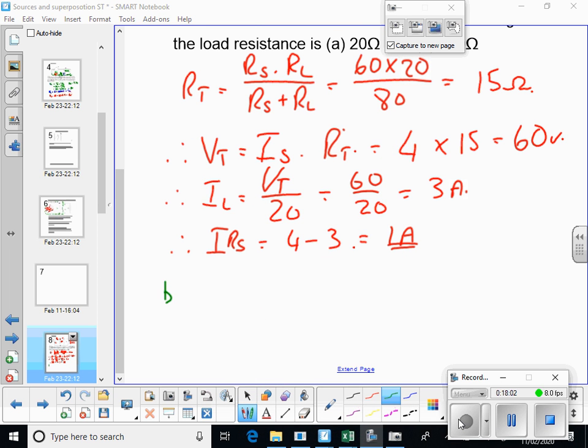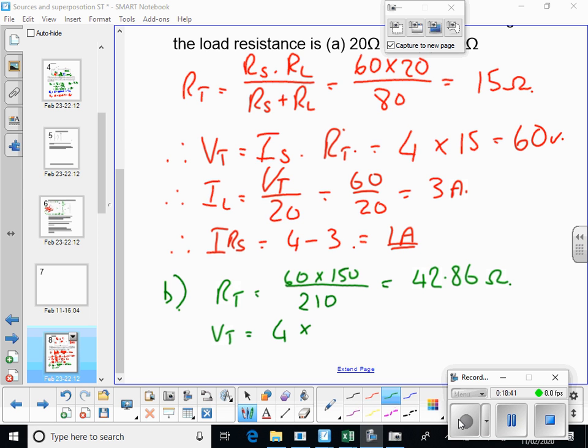Right, what did we get then? RP is 42.86 ohms. Vt then is 4 times 42.86, we got 171.4 volts.